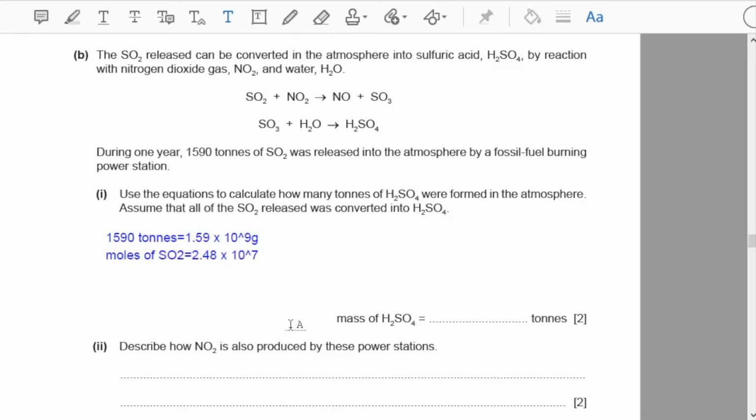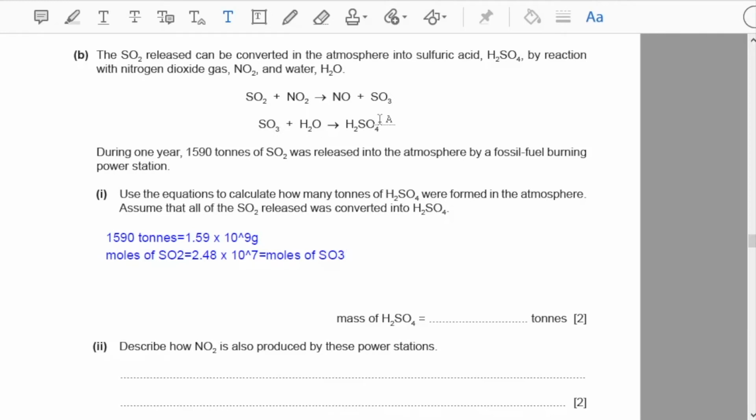In this question, the ratio of sulfur dioxide to sulfur trioxide is 1:1. So the number of moles of sulfur dioxide is equal to the number of moles of sulfur trioxide. Now the number of moles of sulfur trioxide is equal to the number of moles of sulfuric acid, since the mole ratio of sulfur trioxide and H2SO4 is 1:1.